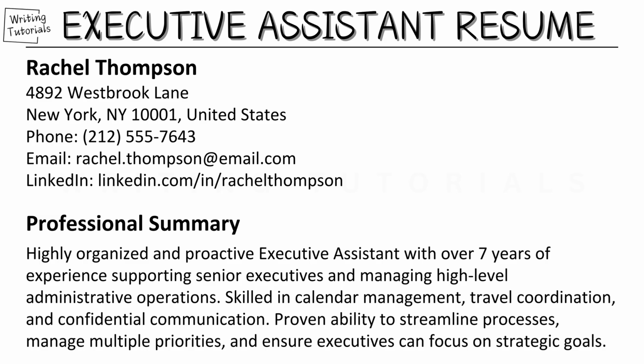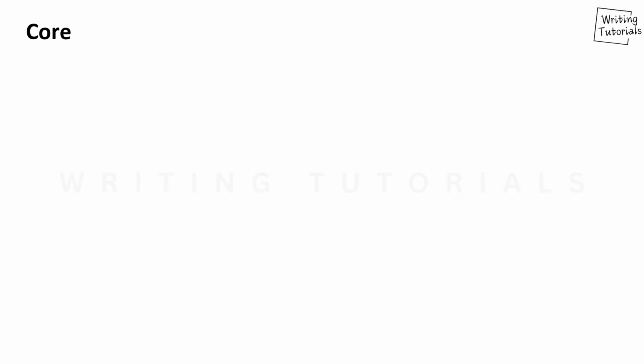This highlights your key responsibilities and core strengths. The final sentence says, proven ability to streamline processes, manage multiple priorities, and ensure executives can focus on strategic goals. This shows your impact and how you add value to the organization. Pro tip: keep your summary short, around 3 to 4 sentences, and focus on both skills and results.